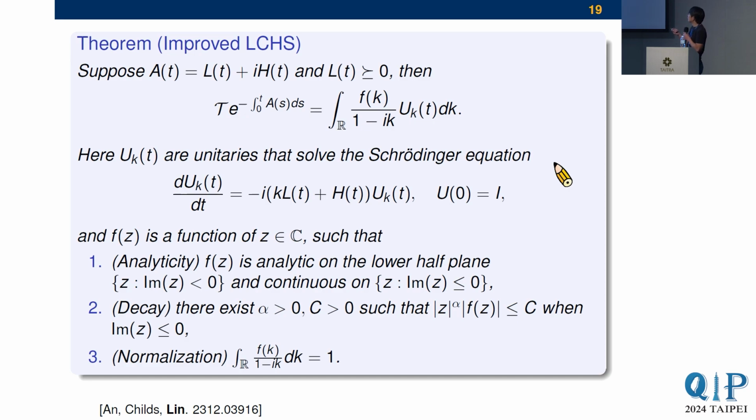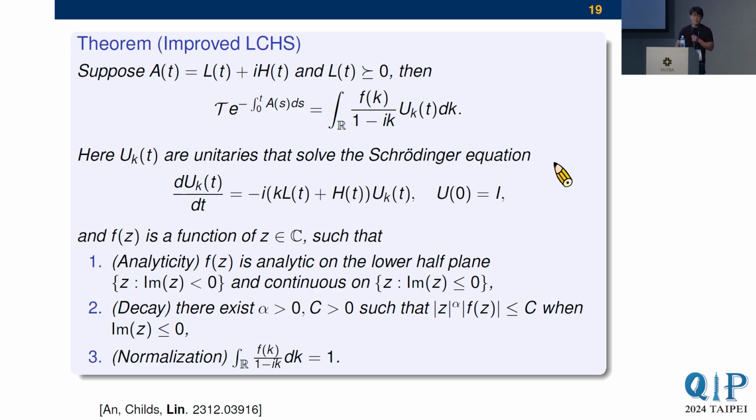This is the fuller version of what we prove, for the following identities. If f is a function that satisfies three very mild conditions: one, f is complex analytic in the lower half plane; two, there's a little bit of decay, any polynomial decay would be fine; and three, it needs to be normalized, so that when you plug in the Hamiltonian simulation it just returns you 1.